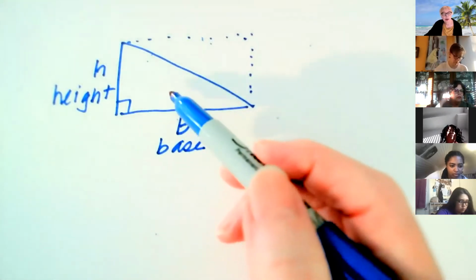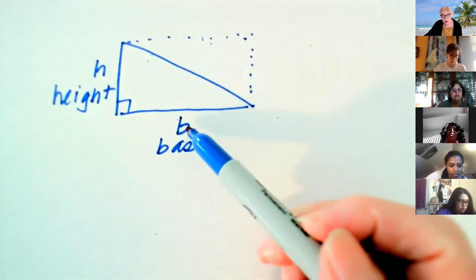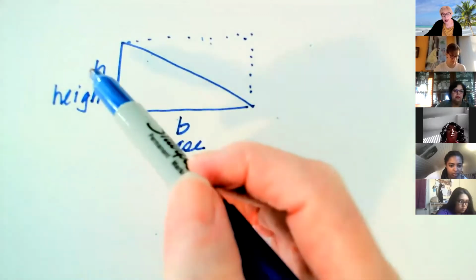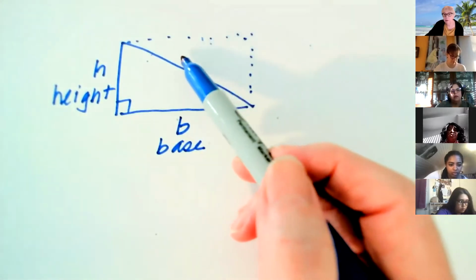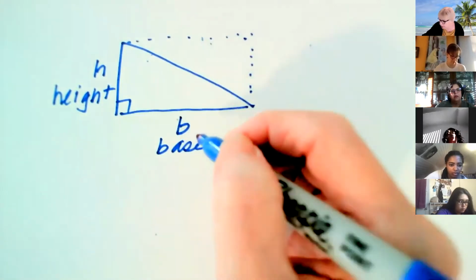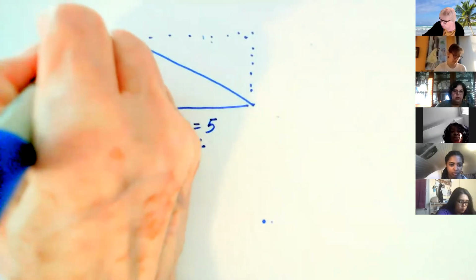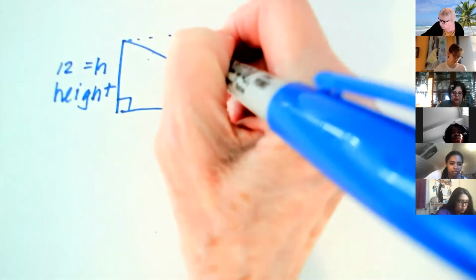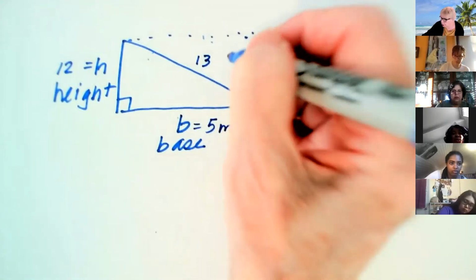But if you had to do the perimeter, you would have to add this one and this one, and finally this last one. So you would have to add 3 sides. So let's say this was 5 and this was 12 and this one was 13. And let's make them all meters just to show we can.